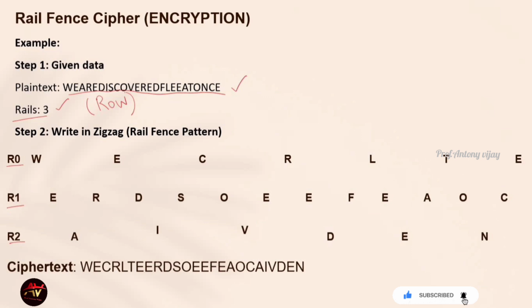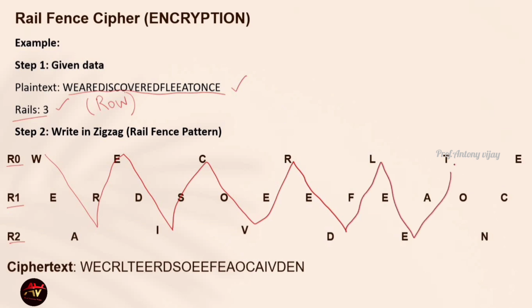First of all we have to write the plain text in a zigzag pattern: we are discovered flee at once. This is called the zigzag pattern.